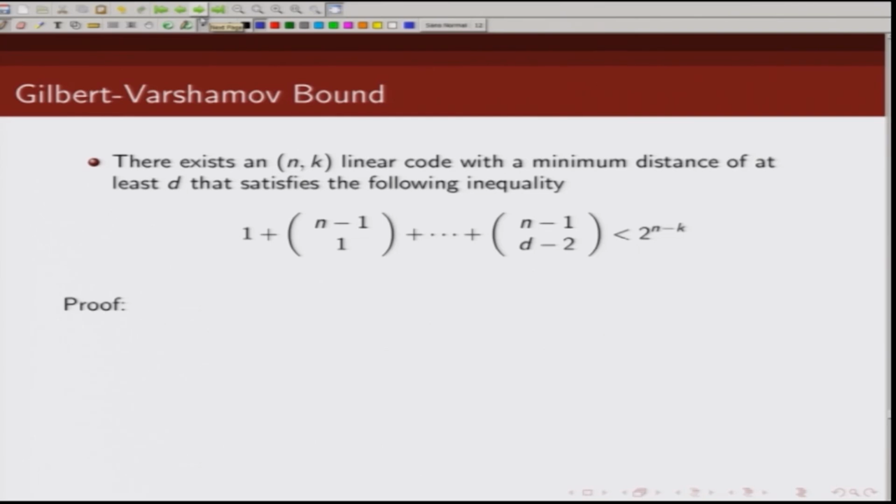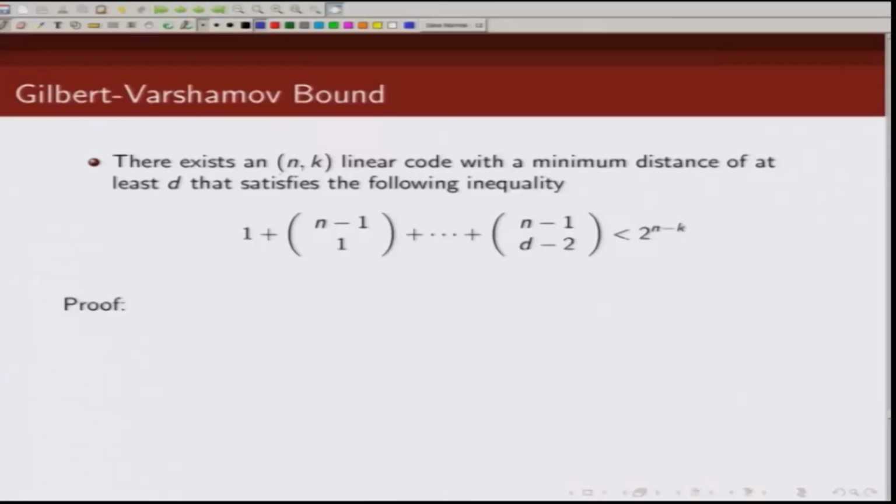Finally, we conclude this lecture with the Gilbert-Varshamov bound. So, what does the Gilbert-Varshamov bound say? If you have an (n,k) linear code whose minimum distance is at least d, then the following inequality must be satisfied.